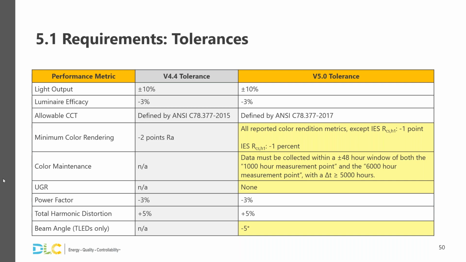There is a more strict chromaticity requirement for DLC premium. And with glare, through UGR, there is no DLC standard requirement for UGR, only in DLC premium, or if there is a product seeking an efficacy allowance. But to just meet the bare requirements of DLC premium, glare is not required. UGR is not required to meet any thresholds.